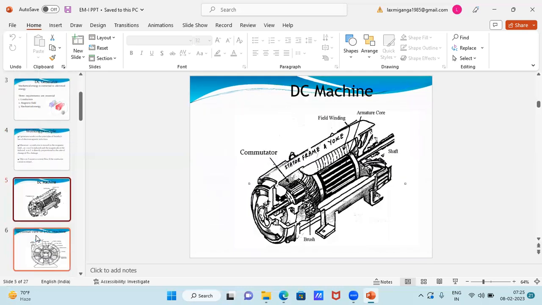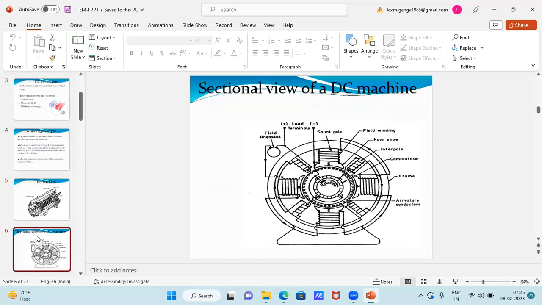This is a cross-sectional view of a DC machine. It shows the commutator, field winding, and armature core. In this cross-sectional view of the DC machine, there are many parts: field winding, pole core, pole shoe, interpoles, commutator, and also frame, armature conductors, and field rheostat.